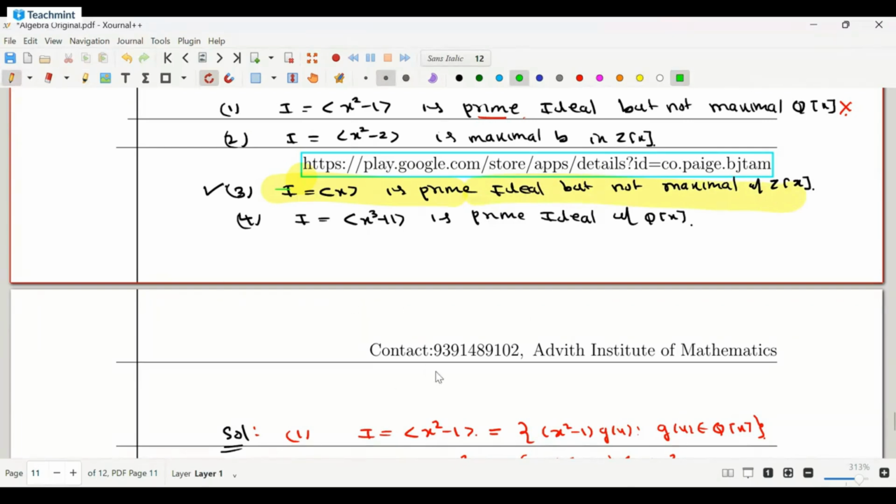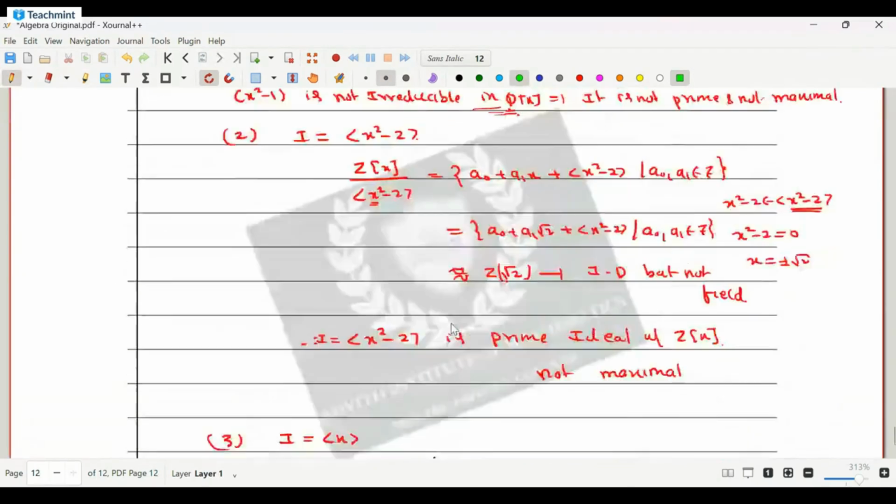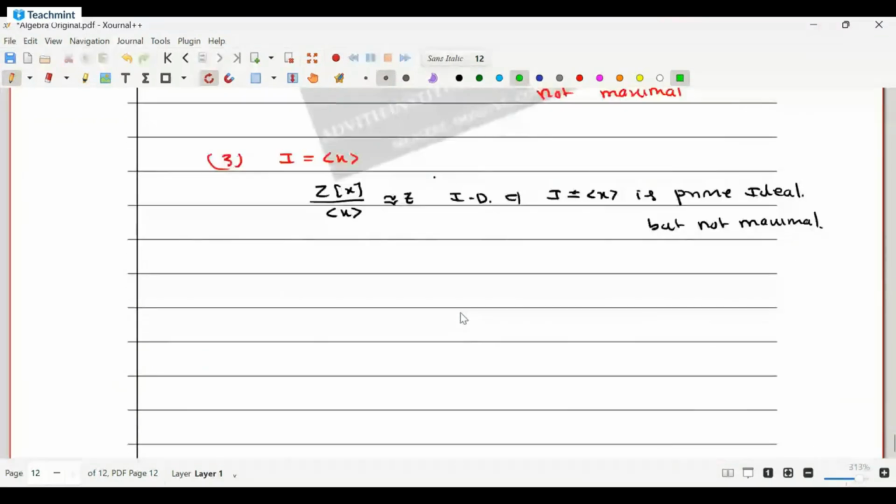And option 4, I is equal to x cube plus 1, sir. What is in 4? Generated of x cube plus 1. Let f of x equal to x cube plus 1. Whenever we have x power n plus 1 in any field Q over x, where n is an odd number, it is not irreducible, which can be written as x plus 1 into x square minus x plus 1, sir.